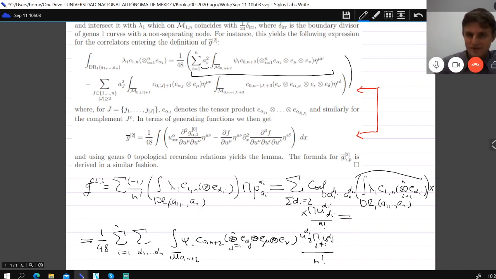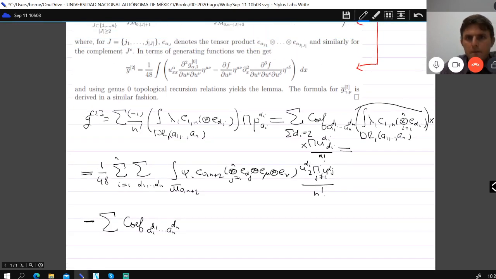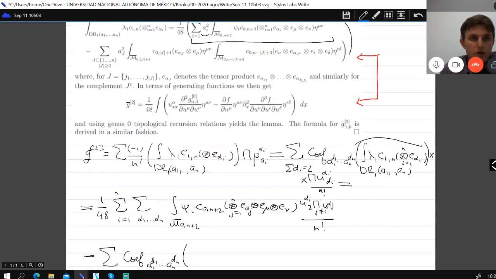Let us write what we have here. I just write what we have: the sum, the coefficient of A1, D1 through AN, DN. Then we have this integral.